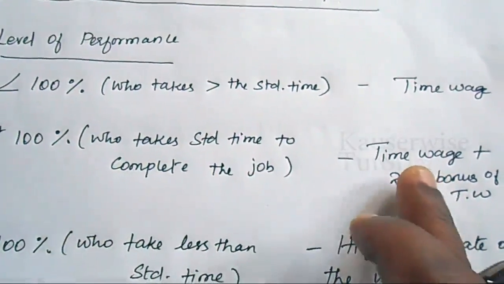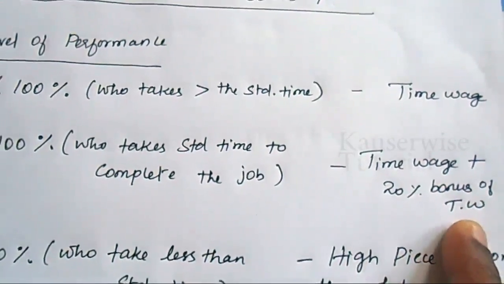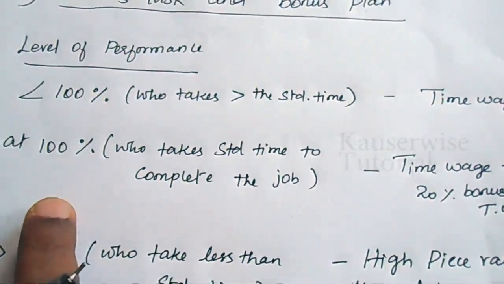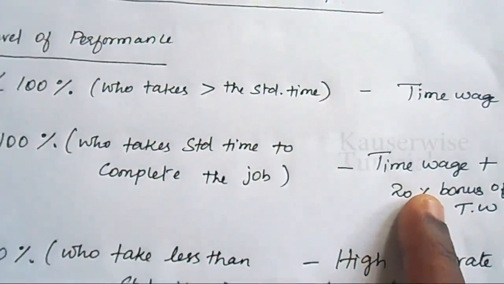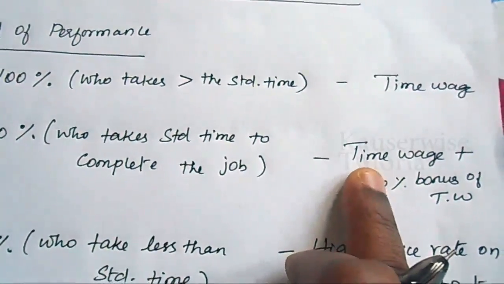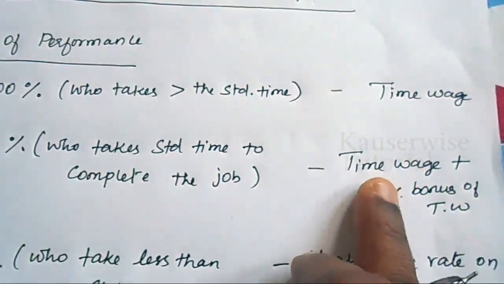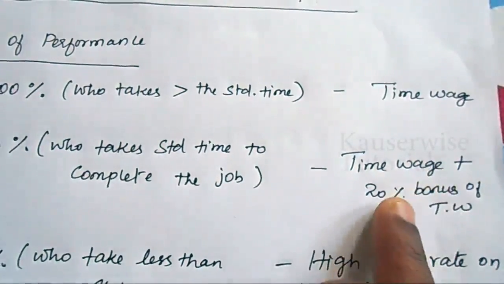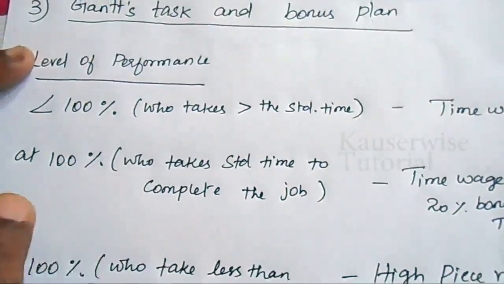For him, time wage plus 20% bonus of time wage will be given, not based on the output produced by the employee, but based on the time. For example, every day he is working 8 hours, he'll be getting wage based on the hours worked. That is 8 hours, he'll be getting 8 hours wage. So time wage plus 20% bonus of time wage will be given to this particular employee.